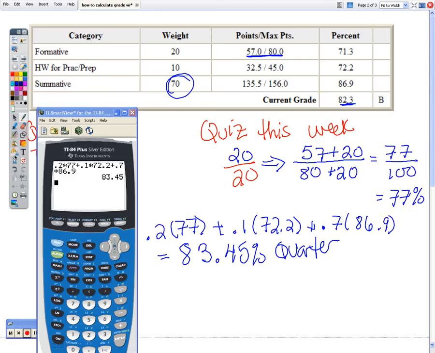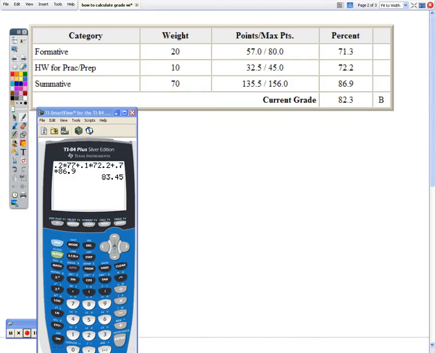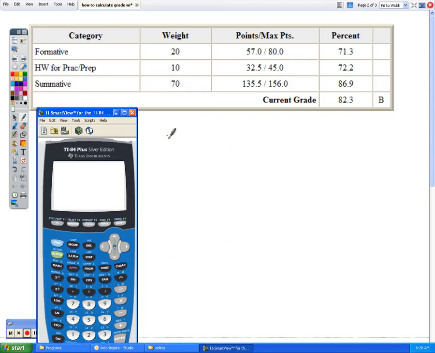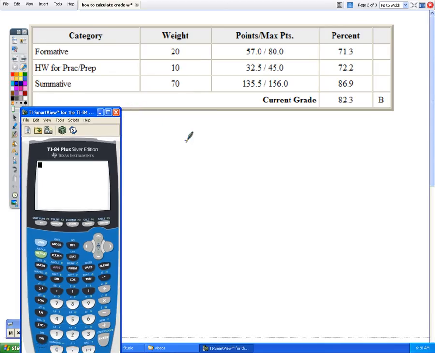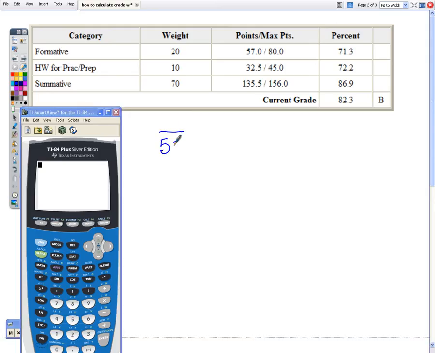So let's look at the same student, and let's say they have a test coming up. Tests are 50 points. So let's say the student says, I'm going to get maybe not 100. Let's say I'm going to go for a 48 out of 50 on the next test. So that means the total points in the new category are going to increase by 50, and the earned points are going to increase by 48.